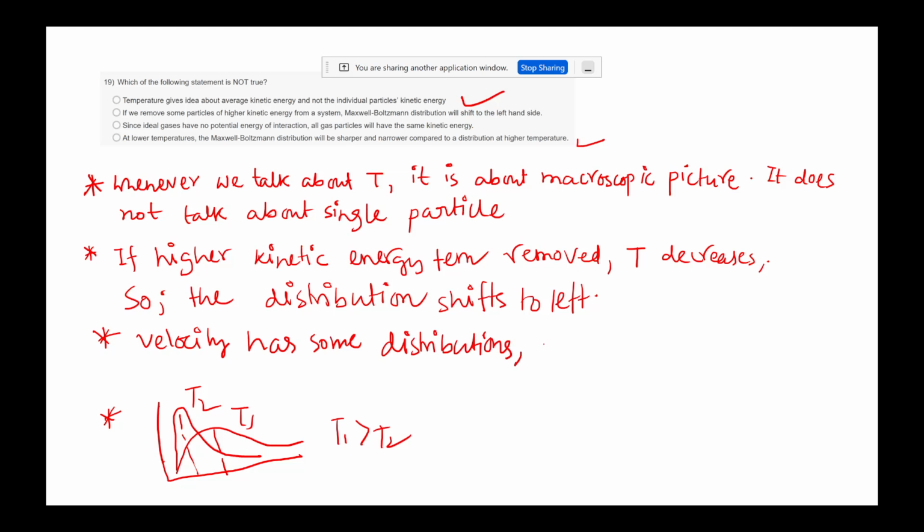So all the particles do not have the same velocity, that means not the same kinetic energy. Okay, so this will be the answer.